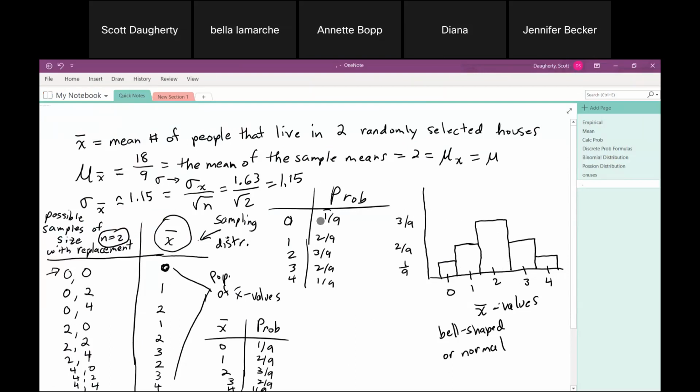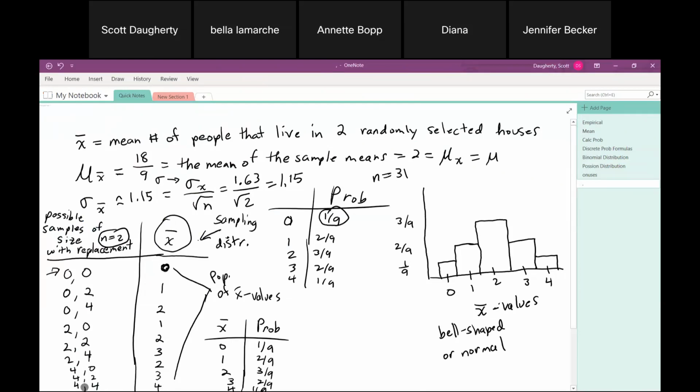That only happens 1 out of 9 times. It's very hard to get a 0 and then another 0 back. Imagine that your sample consists of 31 numbers. In order to get 0 here, you would have to get 31 zeros in a row out of this bag. And that's highly unlikely.